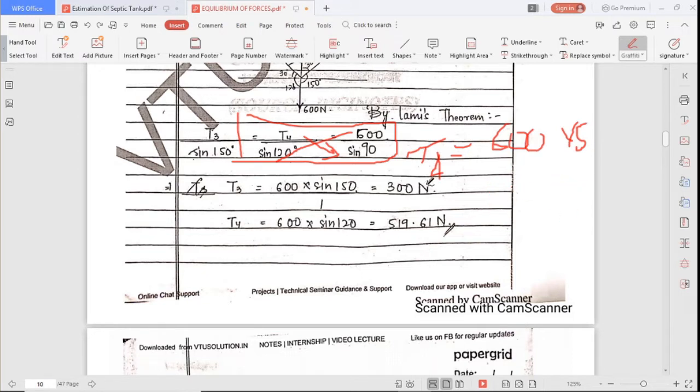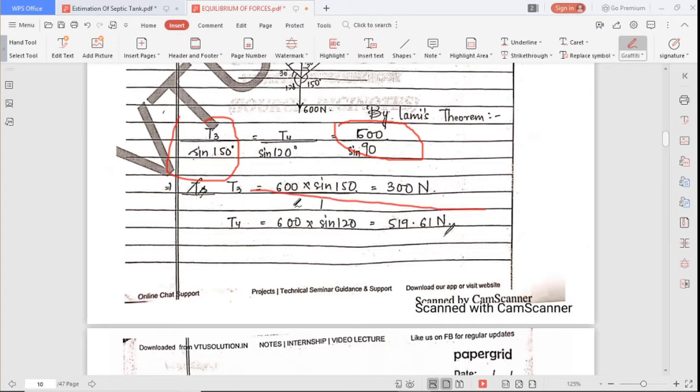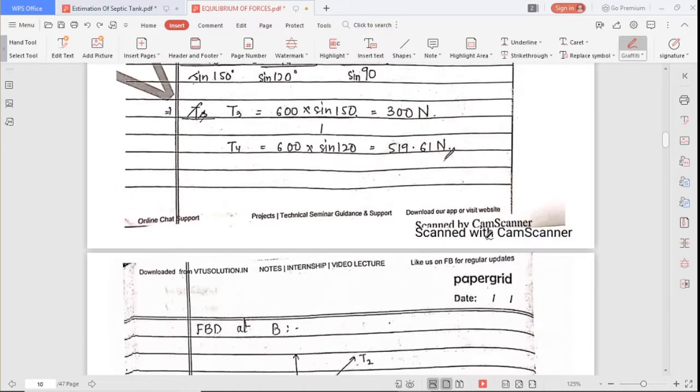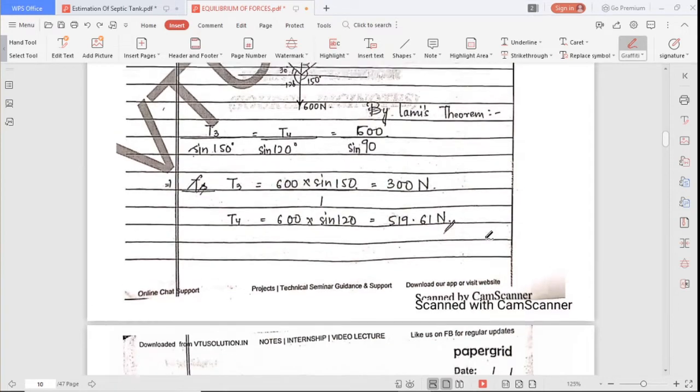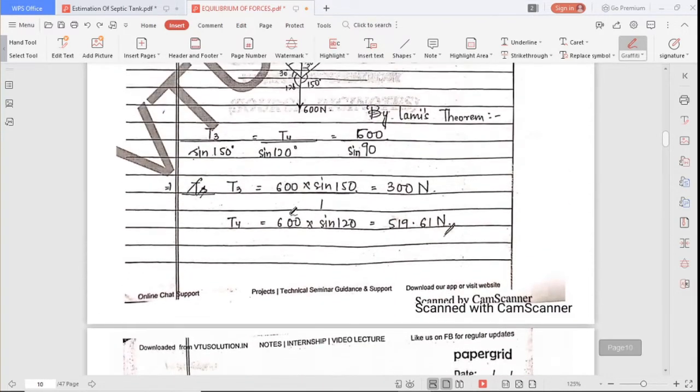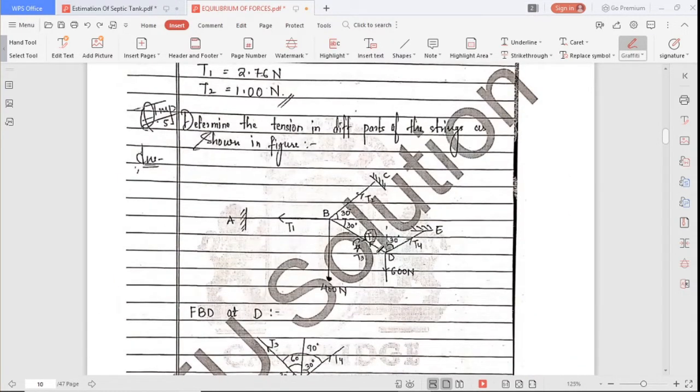Similarly, T3 is equal to 600 into sine 150 divided by sine 90. We get T3 value as 300 Newton, T4 is 520 Newton. So solve it, if you solve it yourself you will not get confused, you will get the answer. So we found T3 and T4 at D.